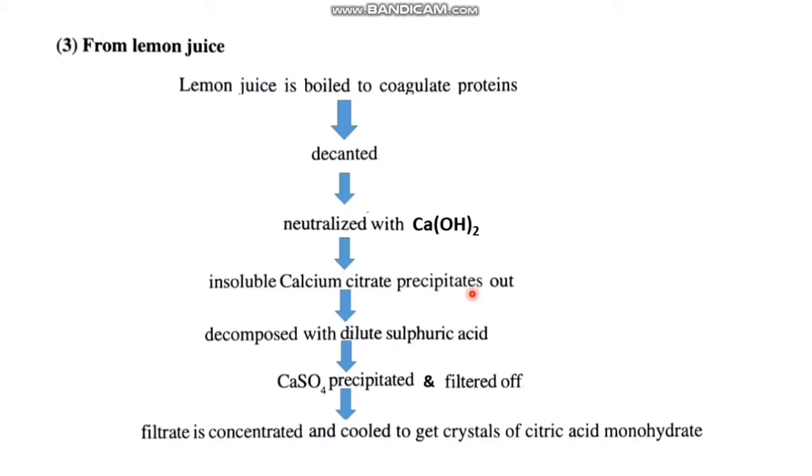This is collected by filtration, and it is then decomposed with dilute sulfuric acid. The calcium sulfate precipitated is filtered off. The filtrate is concentrated and cooled to get crystals of citric acid monohydrate.